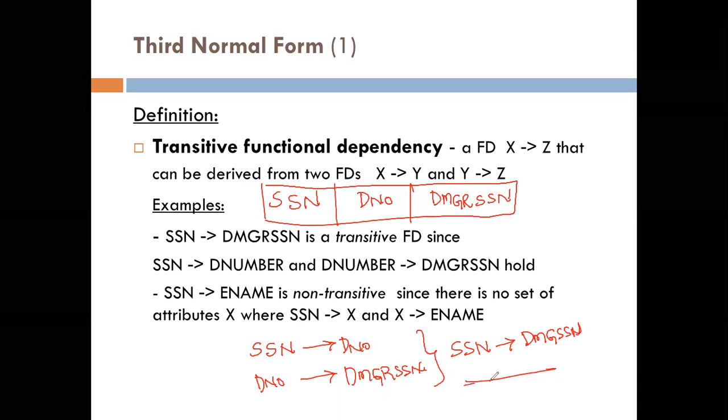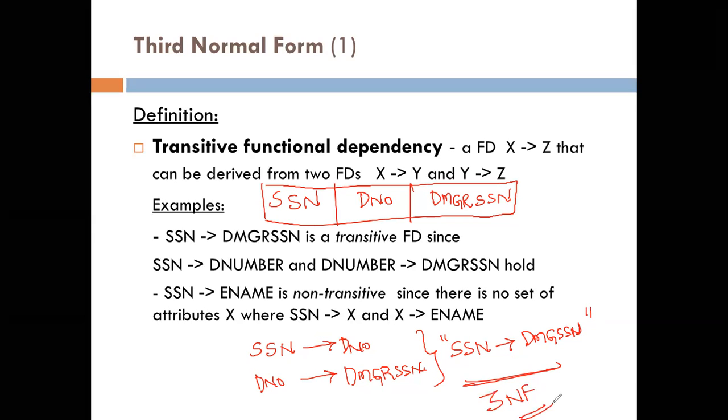So this transitive dependency exists in this particular table, which is not valid in a relational schema. For example, SSN cannot determine the department manager SSN directly. That has to happen through the department table.